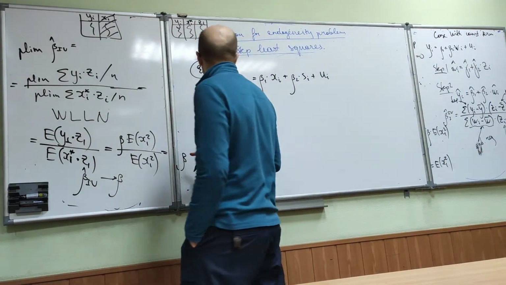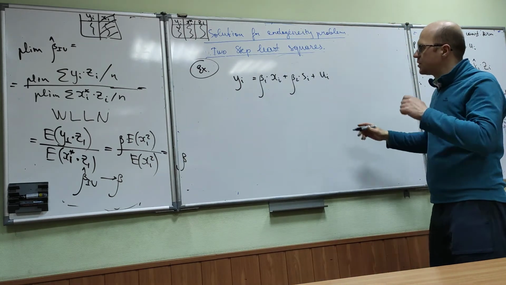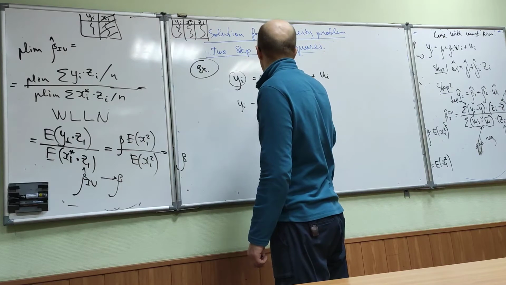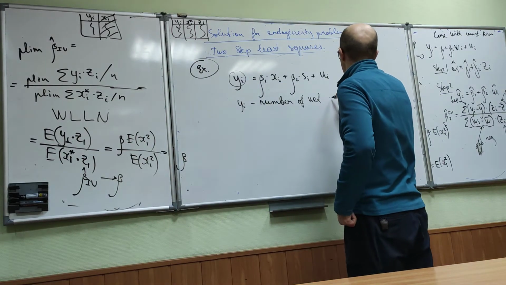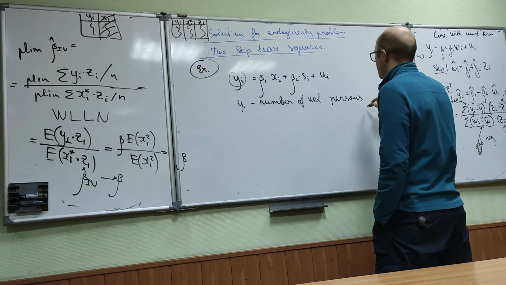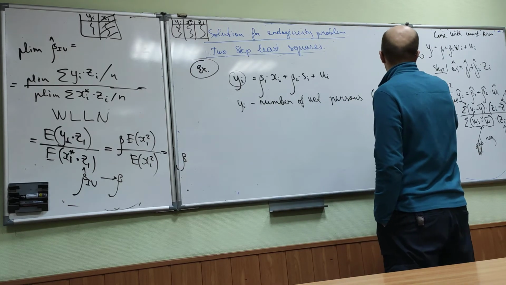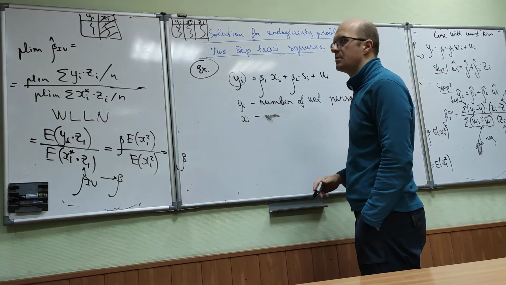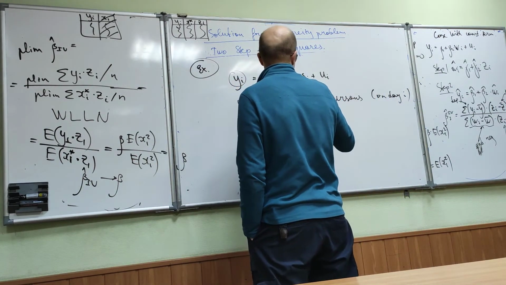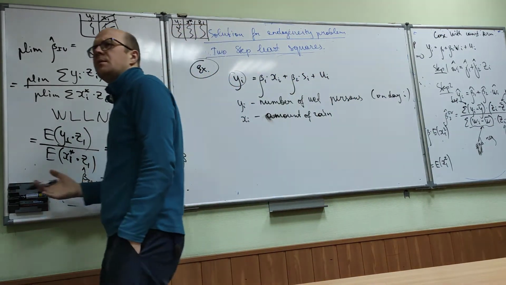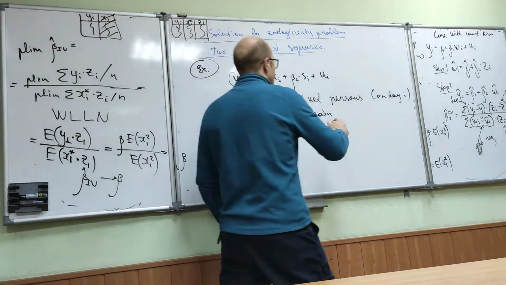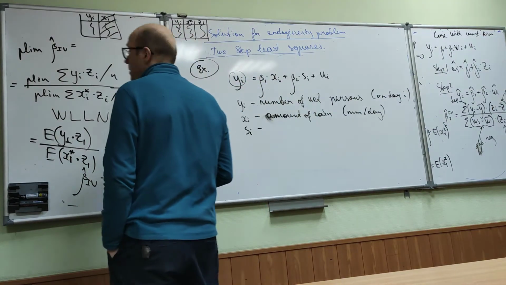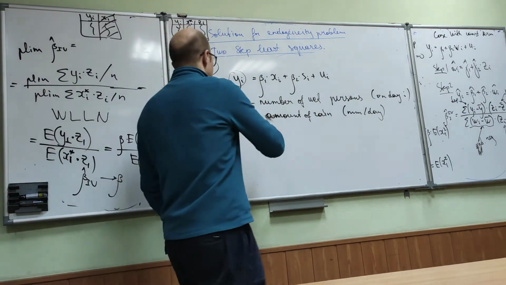Here i is the number of the day. y is the number of wet persons on day i. x is the amount of rain, so I don't know, millimeters per day. s is the number of umbrellas persons have with them.